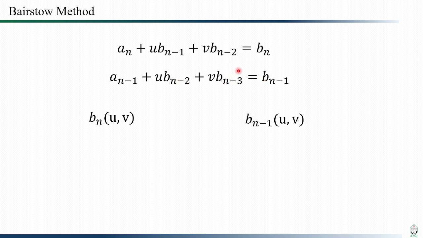If this value in total becomes 0, that means this is one function of u and v, where u and v are our variables. And if this equation becomes 0, this is another function of u and v.